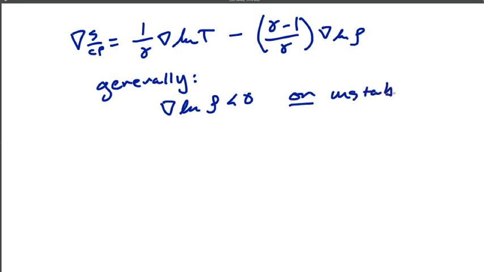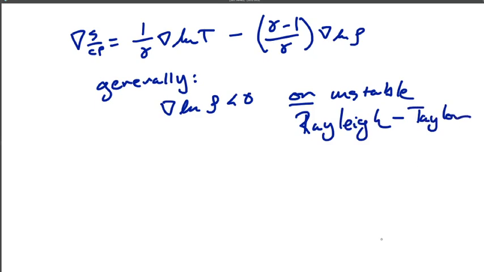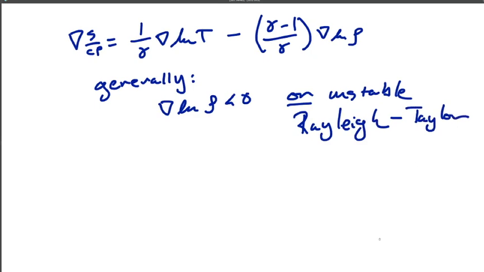If you have an increasing density with height, you're unstable to a host of instabilities, and in particular to what's called the Rayleigh-Taylor instability, of which we'll learn more at a later time.